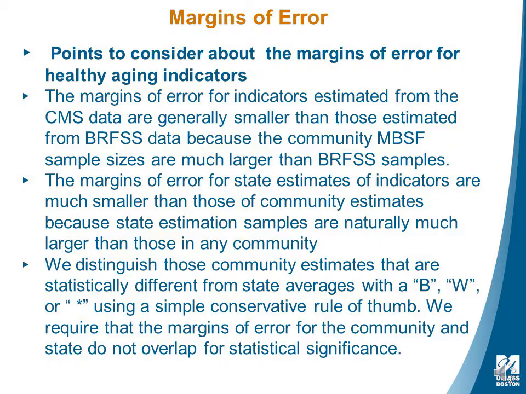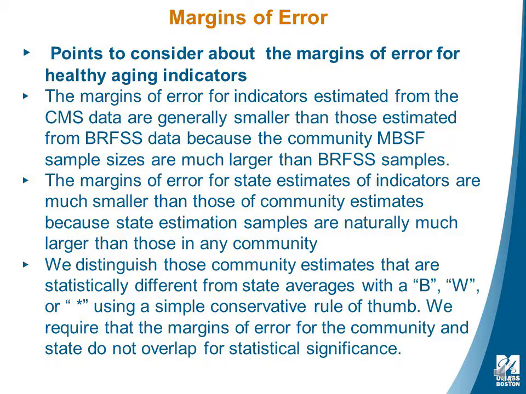First of all, you'll find that the margins of error for indicators estimated from the CMS data are generally smaller than those estimated from BRFSS data. This is because the community samples of the MBSF data are generally much larger than the BRFSS samples.